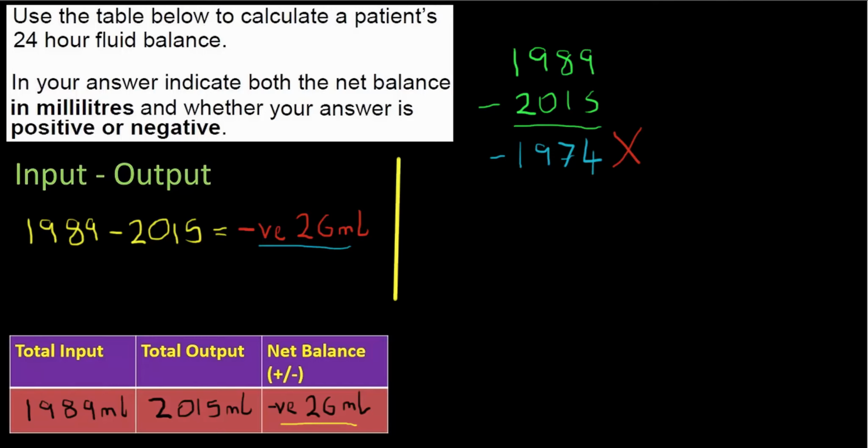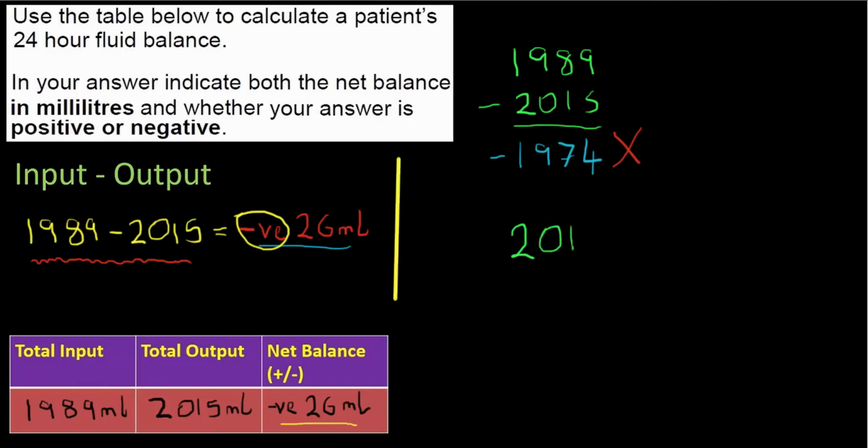The important thing when doing fluid balance is to look at your calculation and decide, because you can see clearly whether or not your answer will be negative, and get your sign written in first. So here we could have seen that it was going to be negative, and then regardless of the order of the numbers you must put the larger number on top.